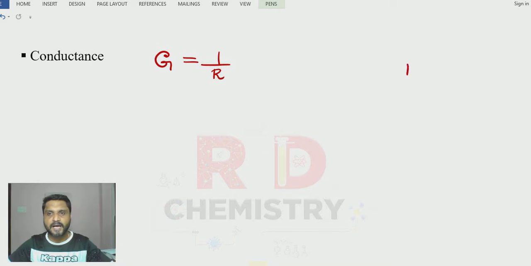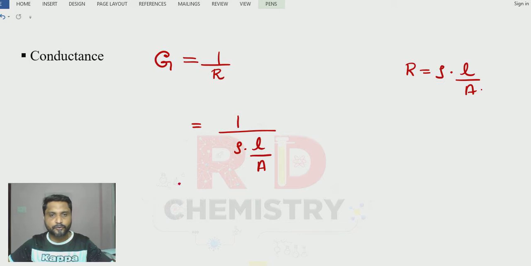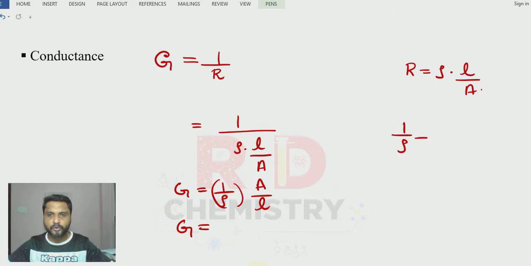But you know that R is equal to rho into L divided by A. So I can also write G is equal to 1 divided by rho into L divided by A. Therefore G is equal to 1 by rho into A divided by L. Or we can also write, 1 by rho is also kappa K. Remember this one. So I can write G is equal to kappa K into A divided by L.